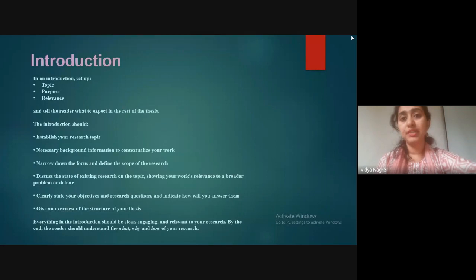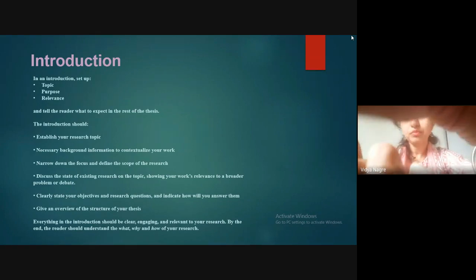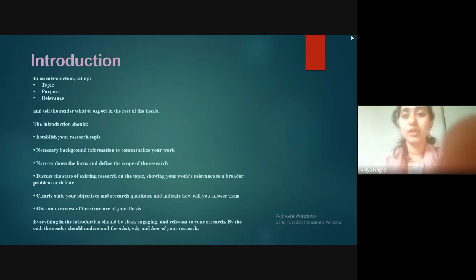Introduction is the key to begin a good kind of discussion. So under introduction comes your main central theme of your research, your topic, what's your purpose, and how your work is relevant in the stream of knowledge.